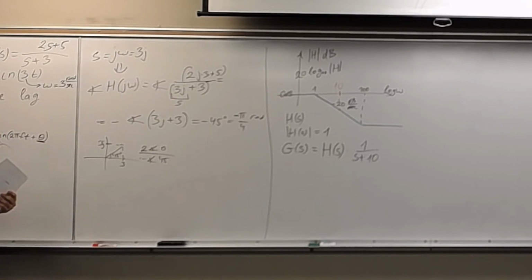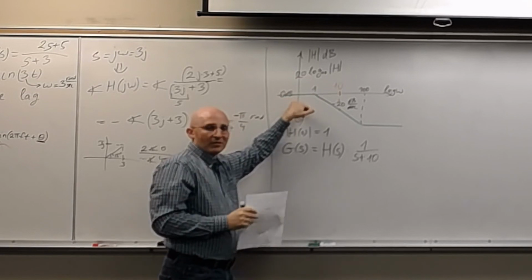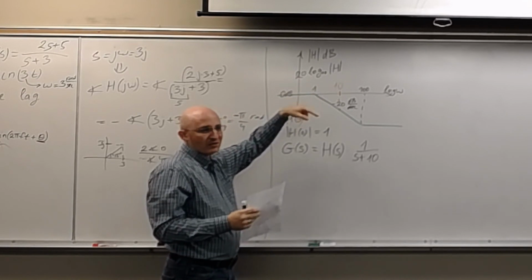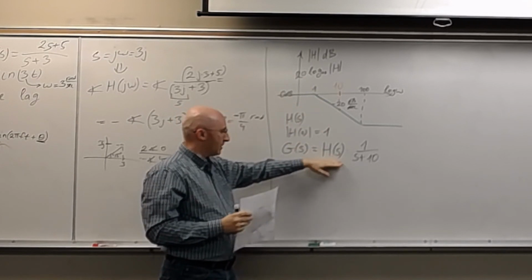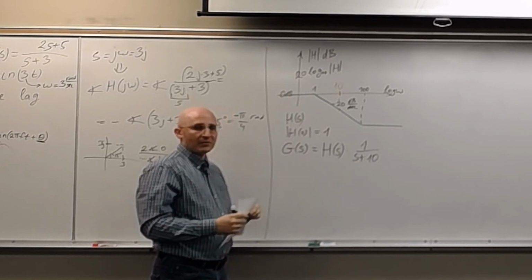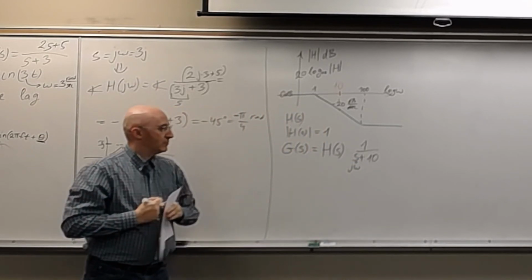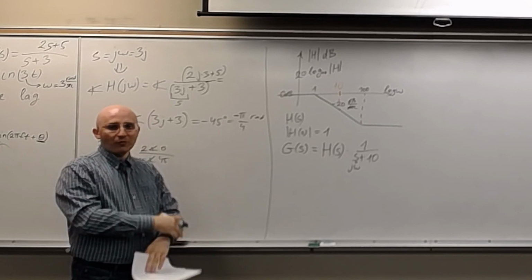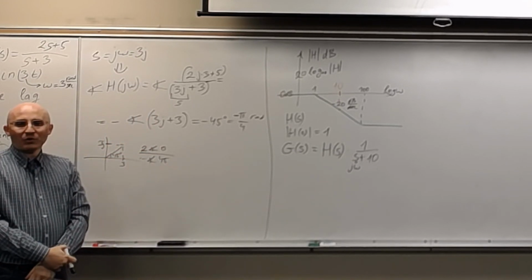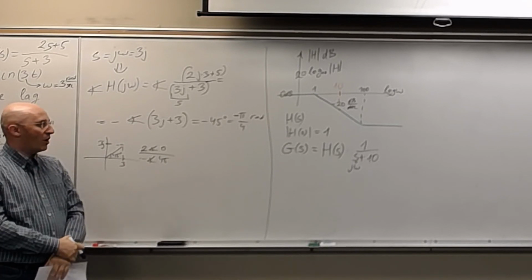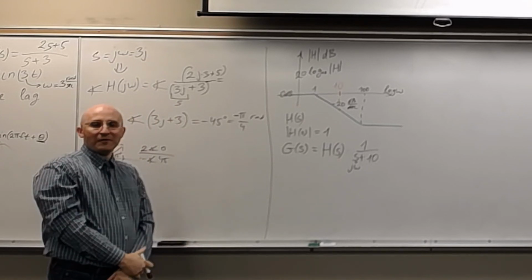Now, you know that 20 log 10 of h is 0 for h at j omega with omega equal to 0, right? Now you have the same thing times that thing. So s is, again, j omega, and omega equals 0. So what is the change that you need to do? Your initial gain was basically 1, so this thing was 0 dB, h equals 1.